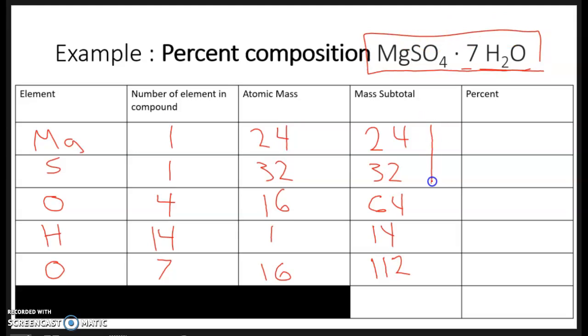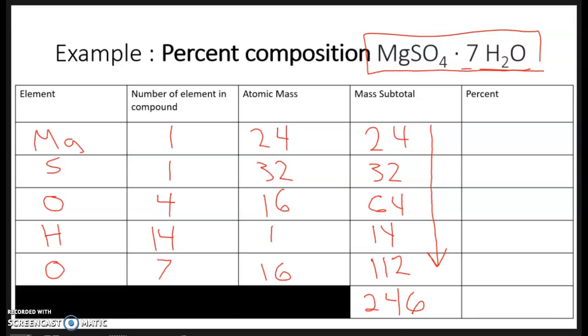I'm going to add all of these items together, and when I add them together in my calculator, you can pause it here to add it yourself, but the mass is 246. Okay, 246.